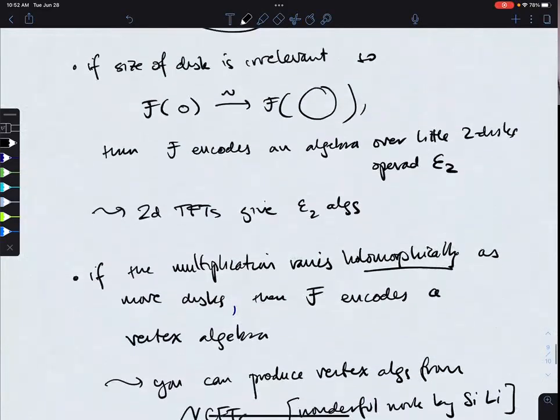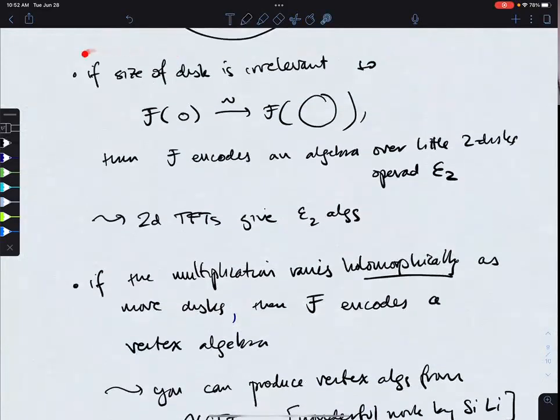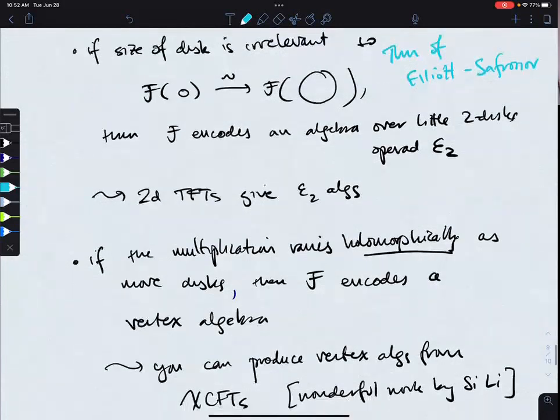I'm not saying this is totally easy to prove. But it's true, and it's been written down now very carefully. So maybe I should say this is a theorem of Chris Elliott and Pavel Safronov, and they do it for EN in general.